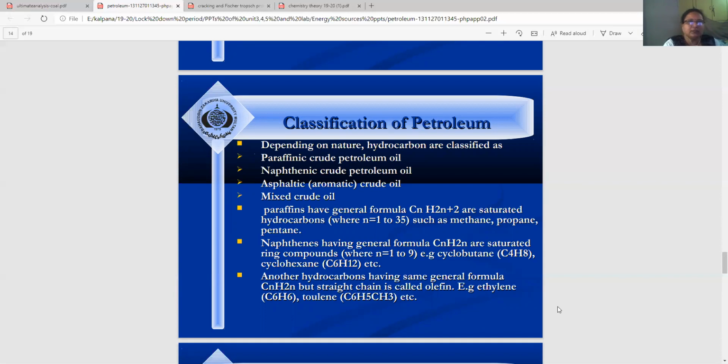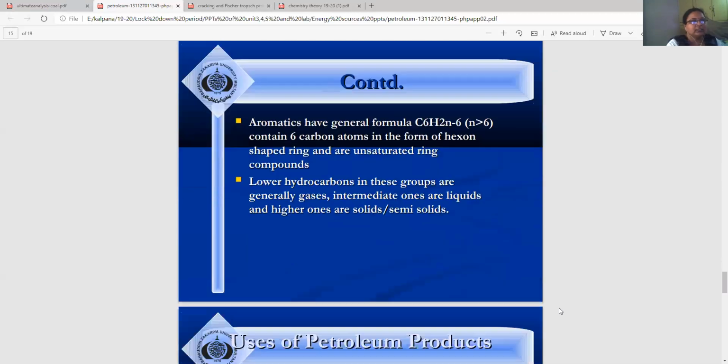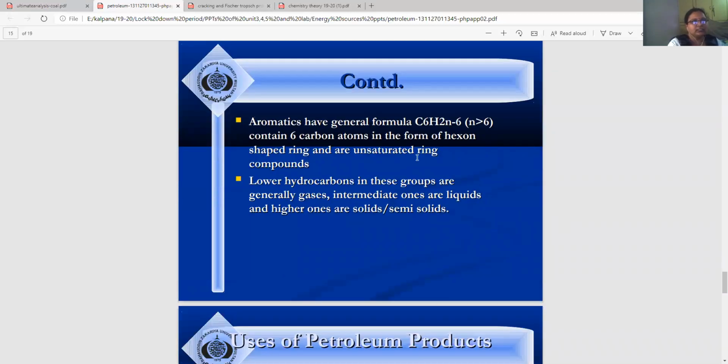Then naphthenes have the general formula CnH2n. These are saturated ring compounds, with n from 1 to 9. We have olefins also, CnH2n. Then aromatics also, that is CnH2n-6, where n is greater than 6.